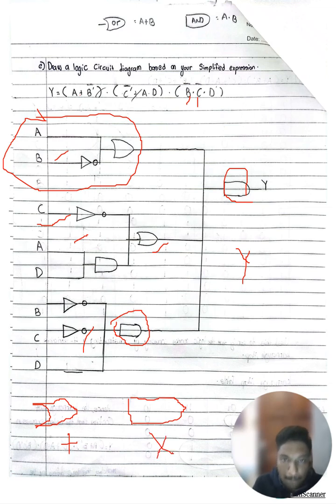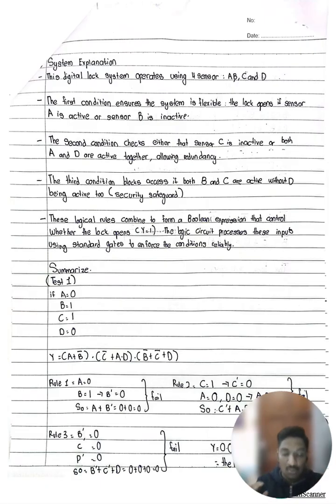So A plus B bar, C bar plus AD, and B bar, C bar, D. At the final expression, we can get Y, which is this one. So this is it. Then the next, I would like to continue with the final question.